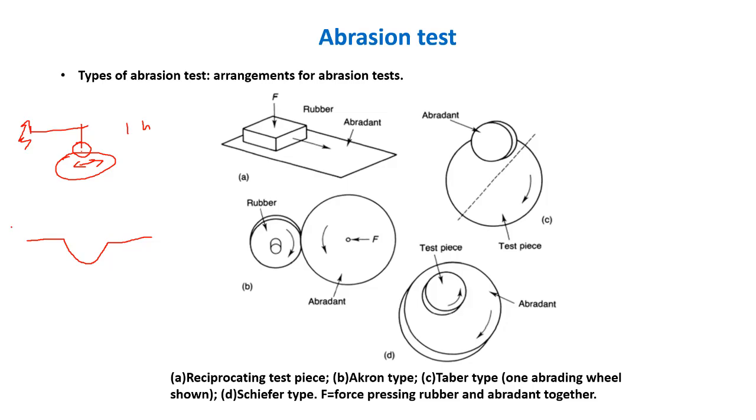I will move a profilometer over here, and it will give me a profile of this kind. This will be the area from where the material is removed. I will calculate this area using a profilometer, convert it into a volume, and check how much volume loss I am getting.